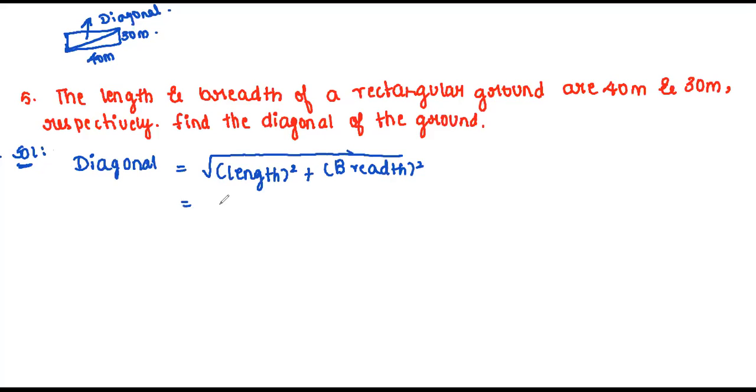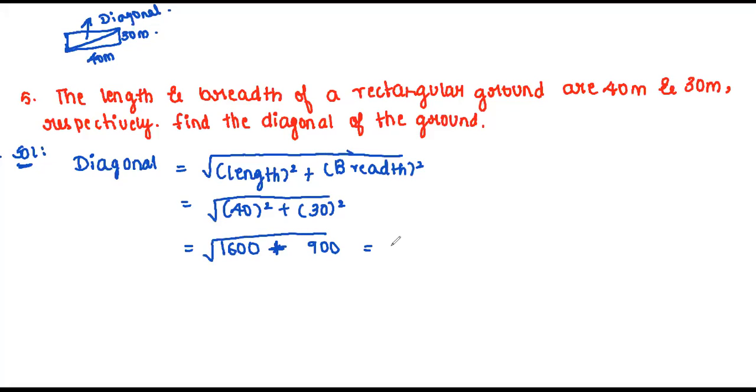What is length? 40 whole square plus 30 whole square, and you put the square root. 40 into 40 is 1600, plus 30 into 30 is 900, square root. So 1600 plus 900 is 2500, the square root of this. Remove the square root and you will get 50 meter.